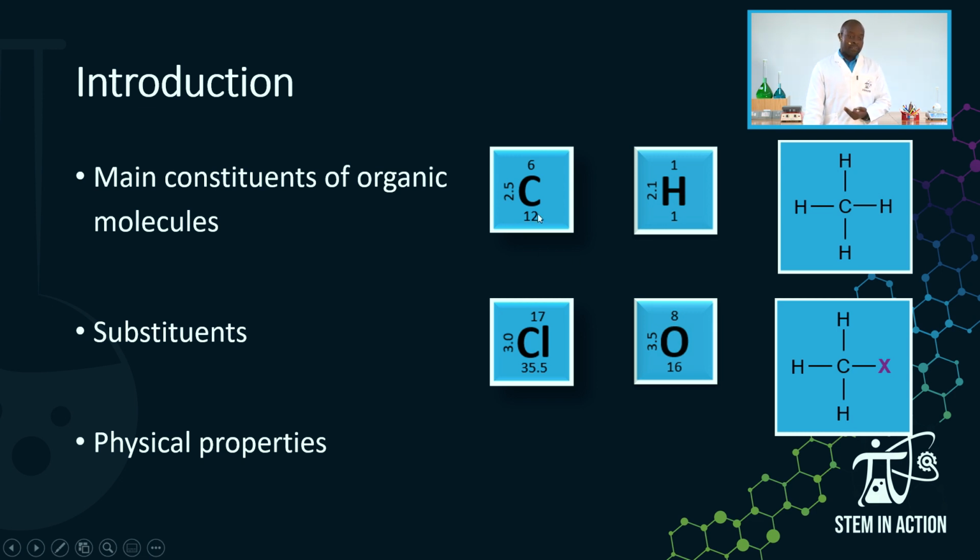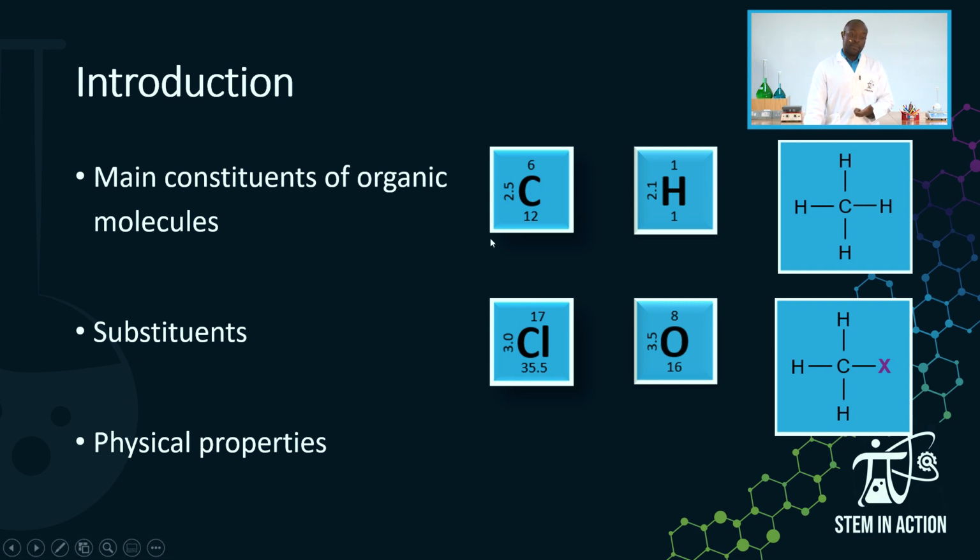Also, if you compare the electronegativity difference between carbon and chlorine, or carbon and oxygen, you notice that the difference is also less than 1.7. Between carbon and chlorine, you have an electronegativity difference of 0.5. Between carbon and oxygen, you have a difference of about 1.0, which in both cases is less than 1.7.